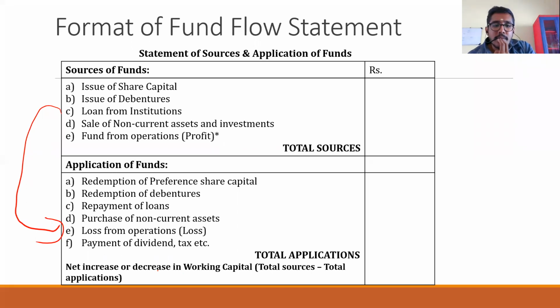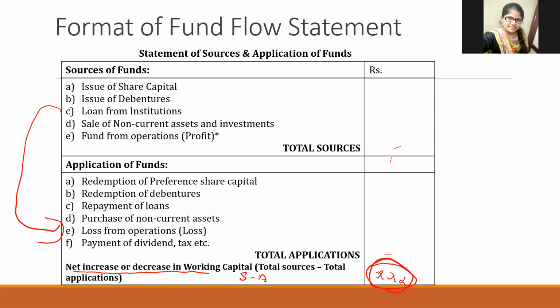And in the fund flow statement, at last we are trying to find out the net increase or decrease in working capital: sources minus applications. So we get an amount. And what is the peculiarity of the fund flow statement?